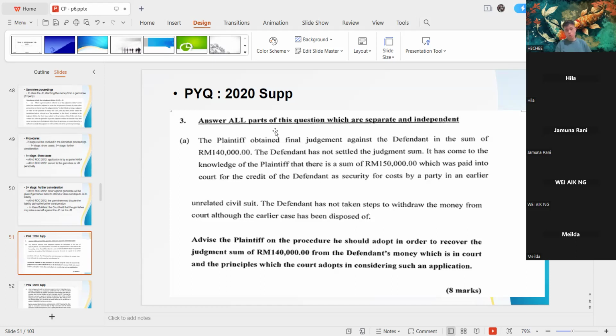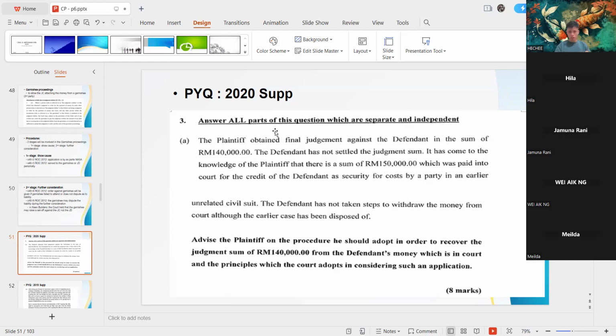Since it's an 8-mark question, how are we going to answer it? In this question, the first thing you have to do is tell the examiner how to go about a garnishee proceeding.